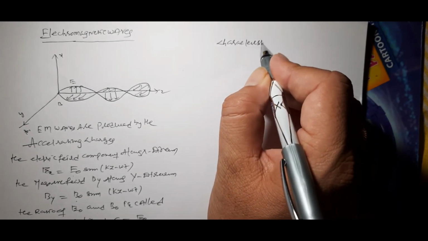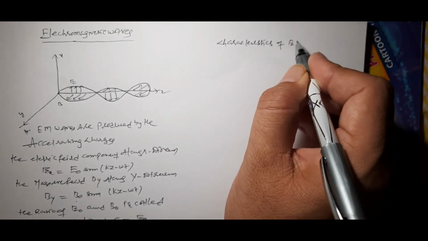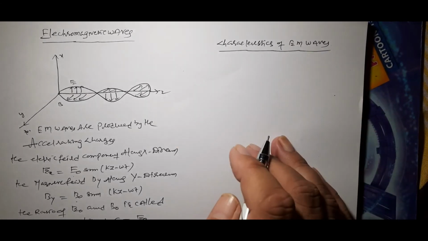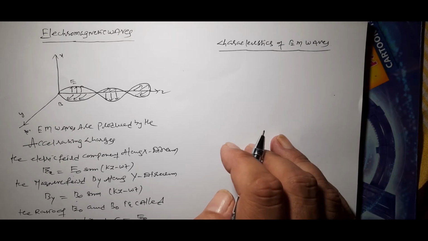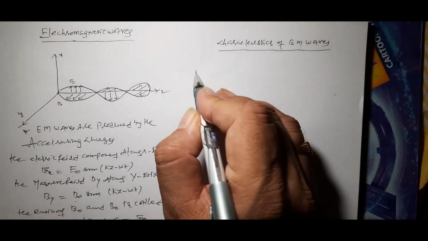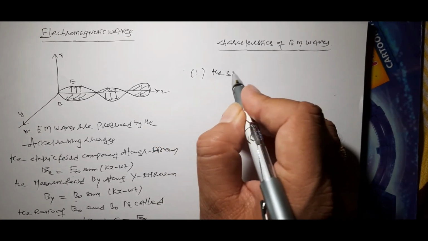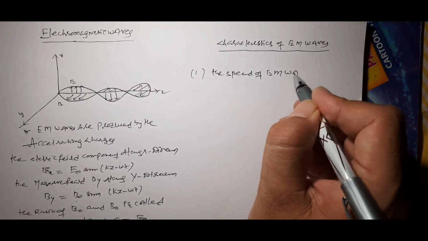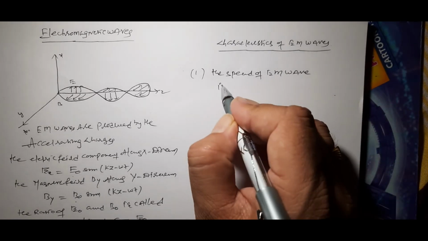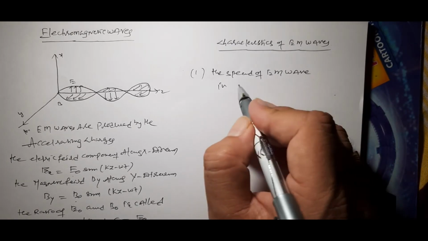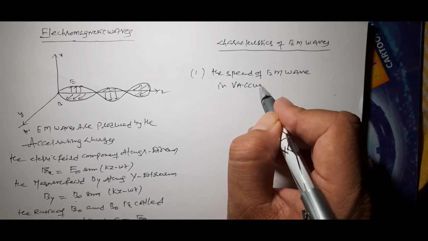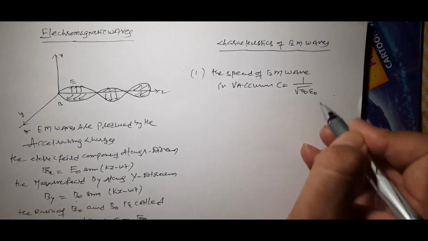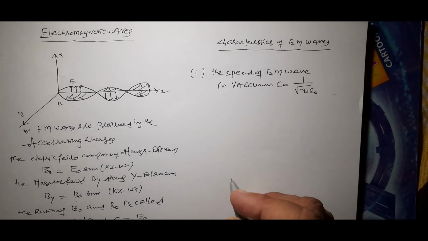Some important characteristics of EM waves. Number one, the speed of EM wave in vacuum: c is equal to 1 by square root of mu naught epsilon naught. This is the first property.